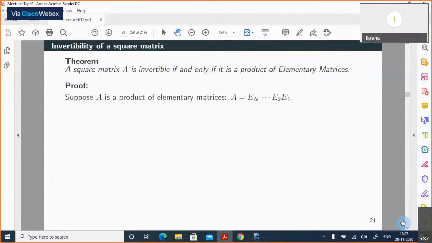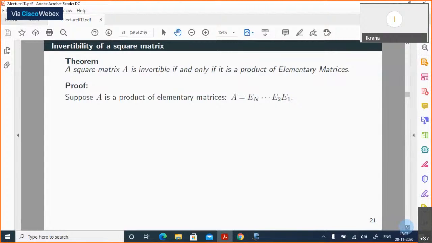If a matrix is a product of elementary matrices, we just observed each elementary matrix is invertible, and a product of invertible matrices is invertible. E1 invertible, E2 invertible, En invertible, so the product is invertible. So if A is a product of elementary matrices, then A is invertible. That is one way.